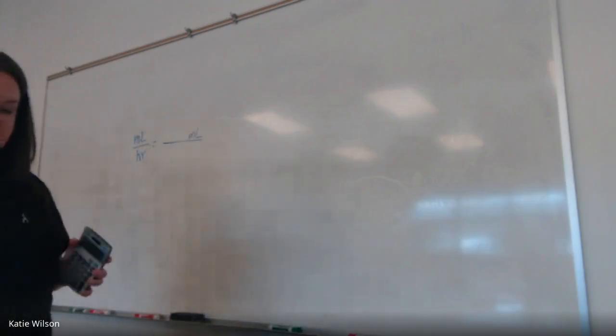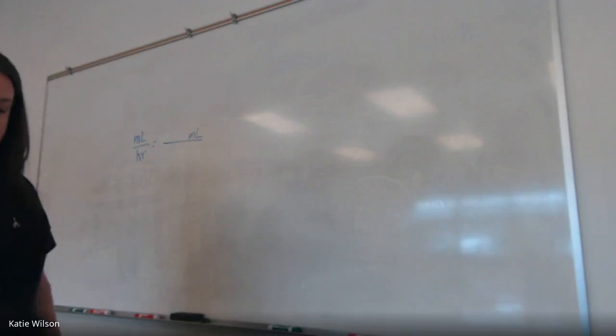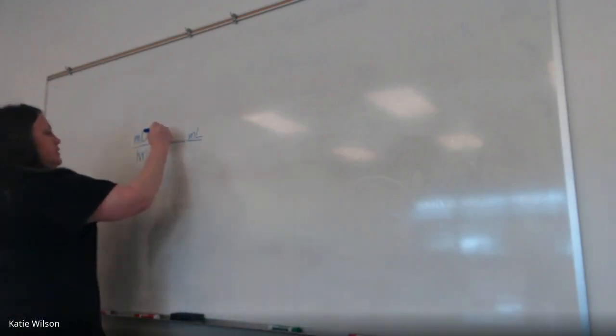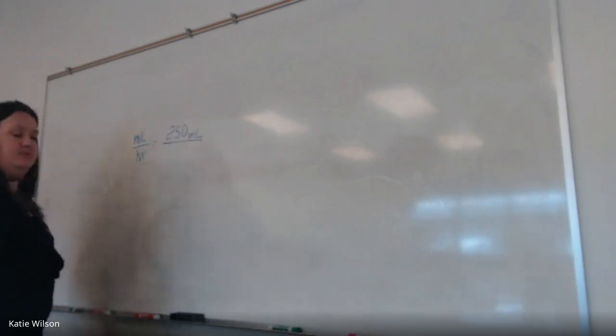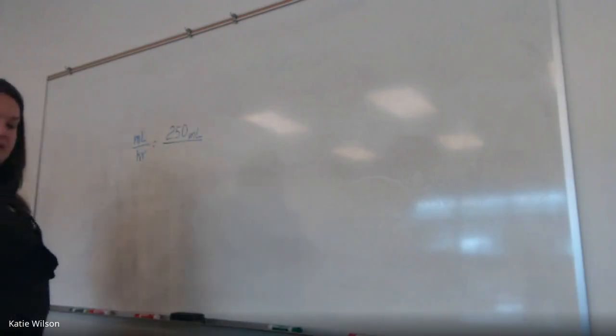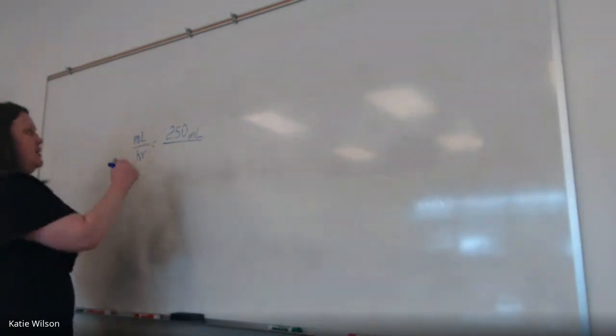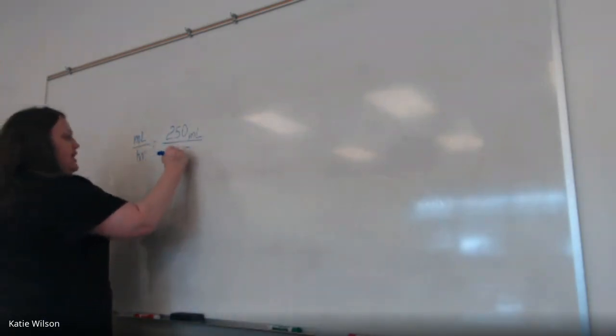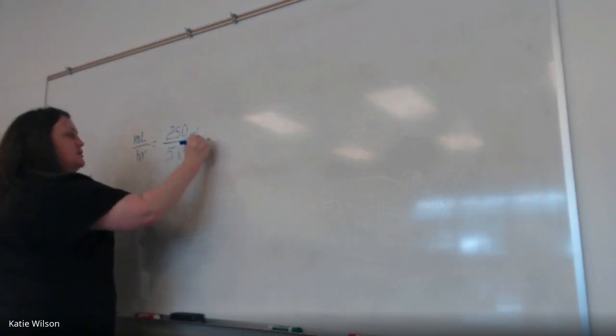Okay, so we're solving for mils per hour. So we're going to start with milliliters on top first. What do we have in milliliters? 250 milliliters. And what's in that 250? 5.85 milligrams.